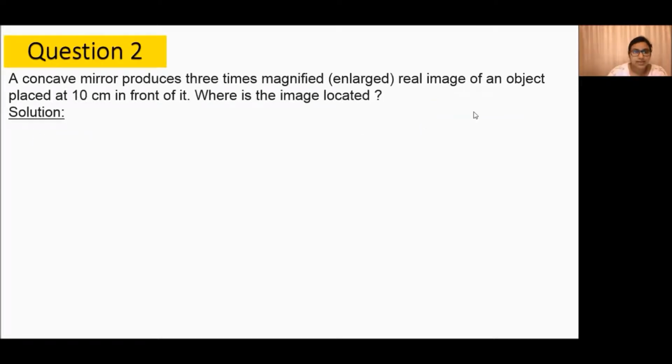Question 2 is, a concave mirror produces 3 times magnified real image of an object placed at 10 centimeter in front of it. Where is the image located? So it's a concave mirror. So what is given here? The magnification is given. So read the question. M is equal to 3 times magnified real image.